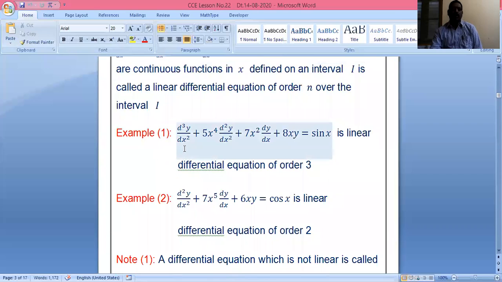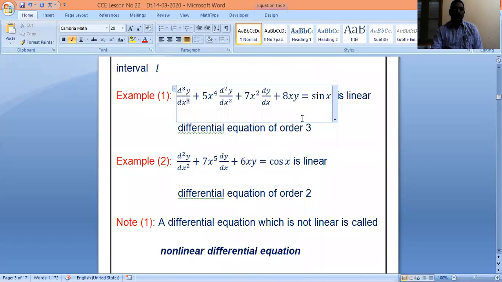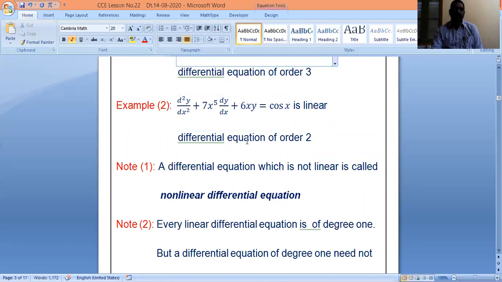For example, d^3 y/dx^3 plus 5x^4 d^2 y/dx^2 plus 7x^2 dy/dx plus 8xy is equal to sin x is a linear differential equation of order 3, because the highest order of the derivative here is 3.